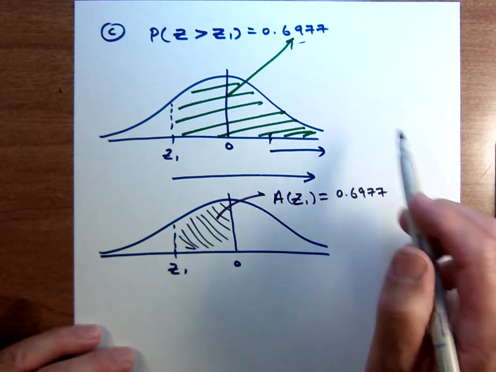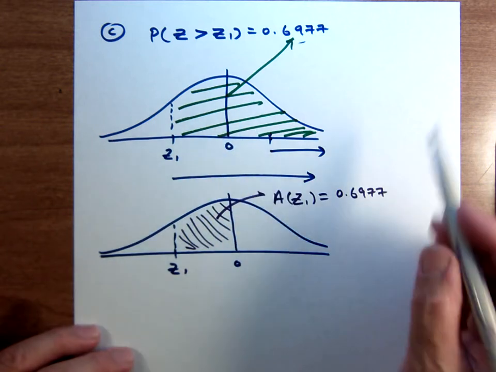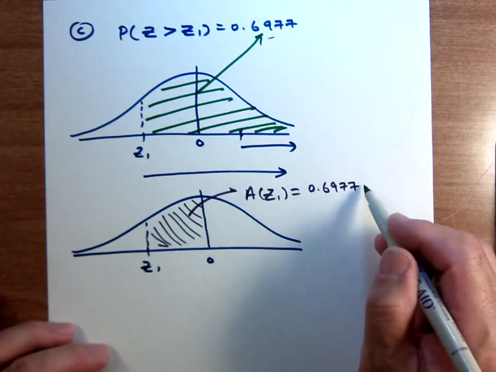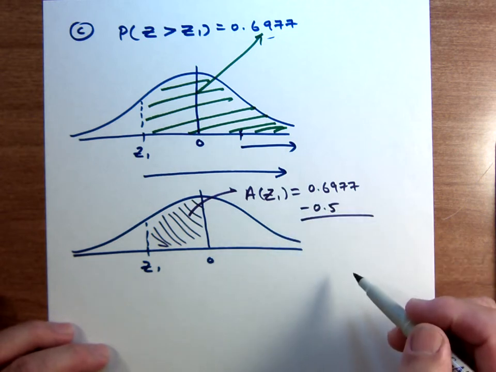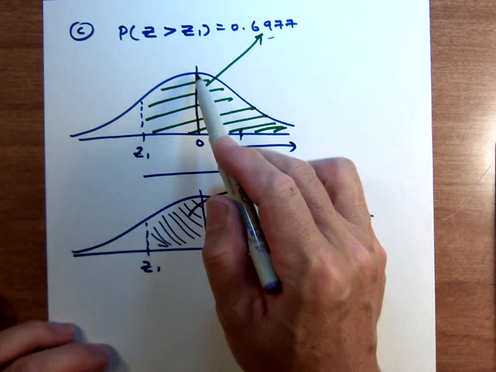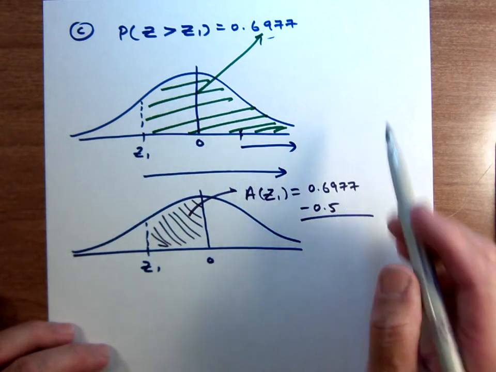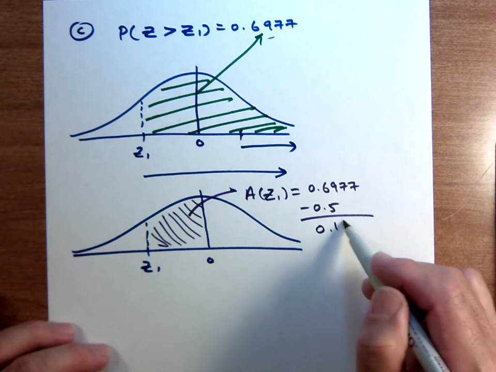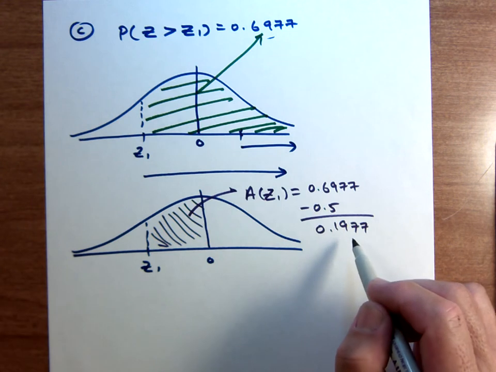Remember, that's the whole everything. Subtract 0.5. Why 0.5? Because from 0 all the way to the right is 0.5. That should give me 0.1977, and that's the number that we're going to look for in our table.